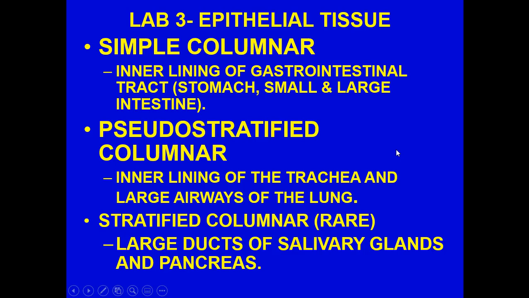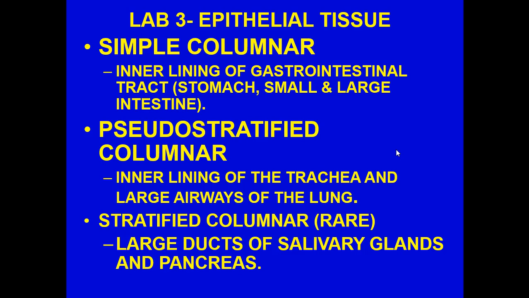Simple columnar we'll find in the inner lining of the gastrointestinal tract, such as stomach, small and large intestine. Pseudostratified columnar. Pseudo means false, so false stratification. How does that work? Well, it's almost as if you were looking through an arrangement of trees. You see some that are tall with their tips, others that are shorter.